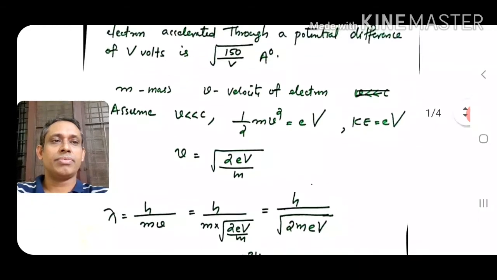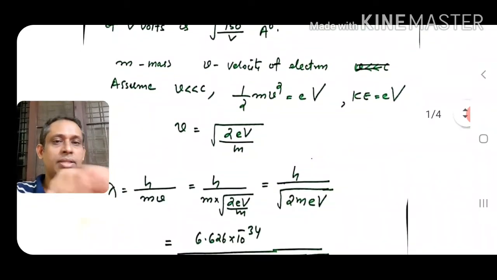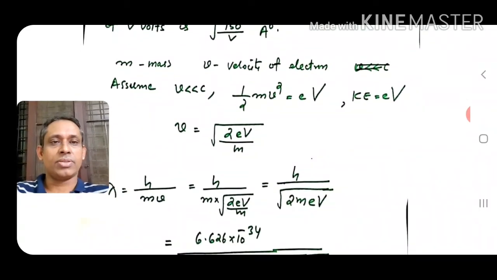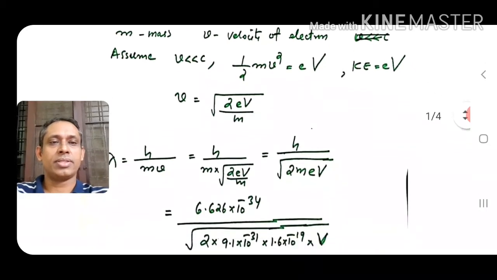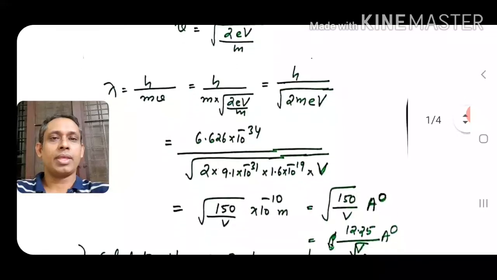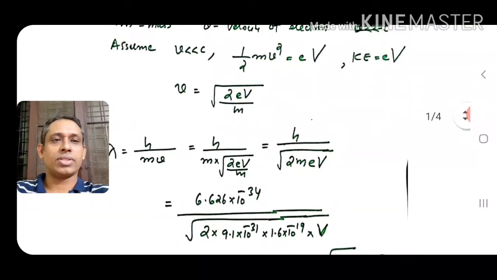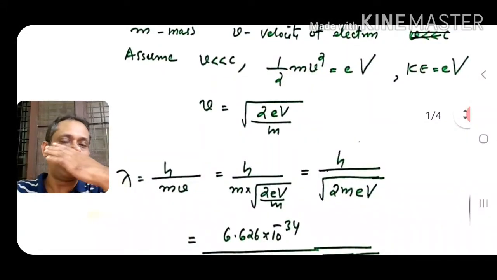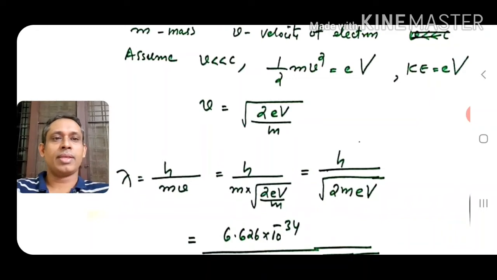From this we can get the velocity of the electron. The velocity is root 2eV by m.